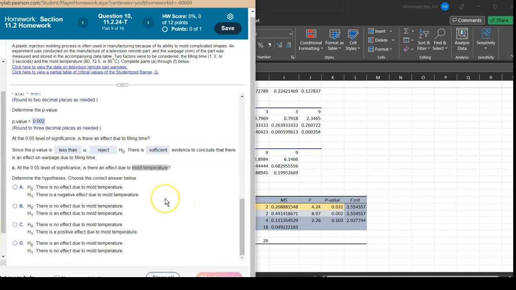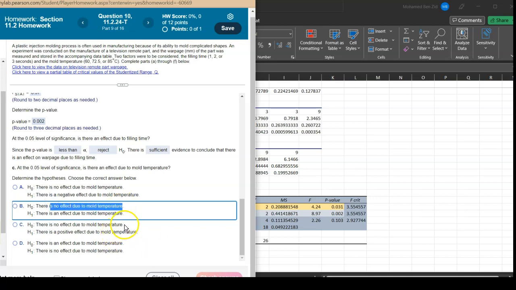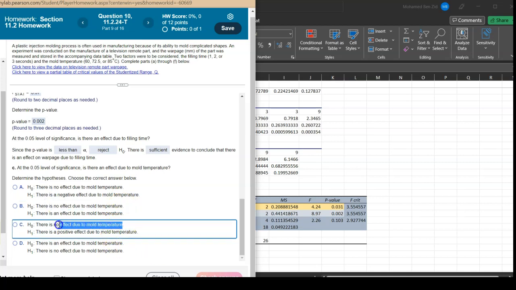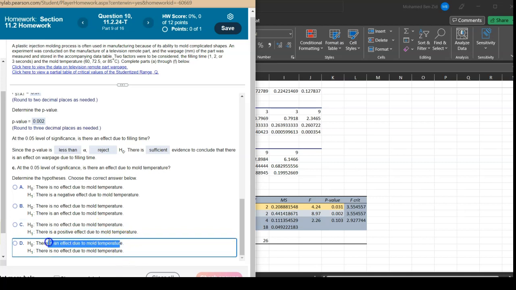The null hypothesis will be there is no effect, and the H1 would be there is an effect. So here, there is no effect, which is good. This is there is no effect. It could be yes, and this one could be no. There is an effect is what it's saying, right?